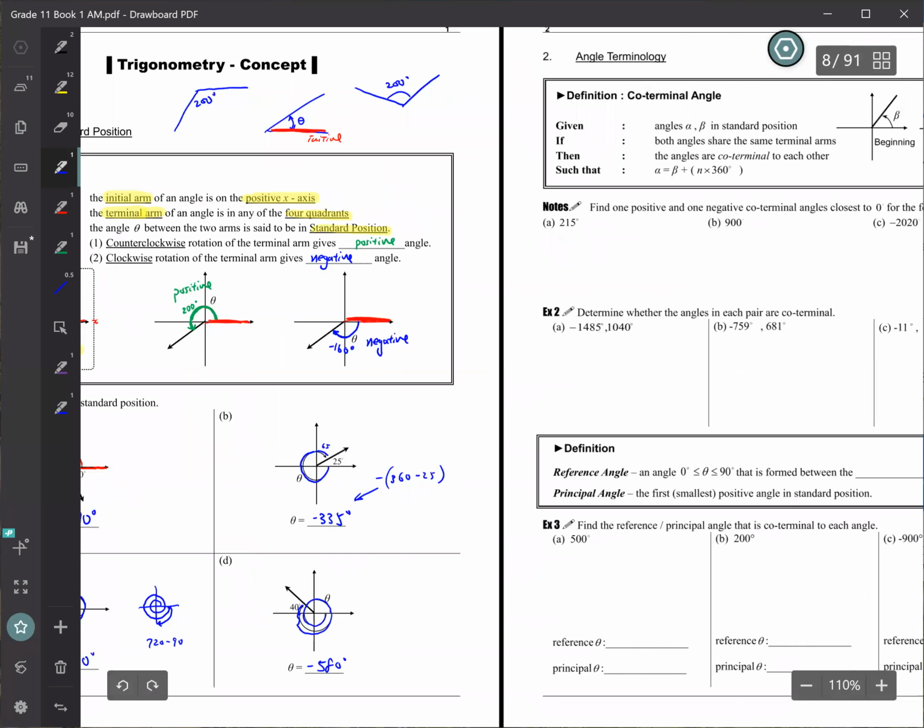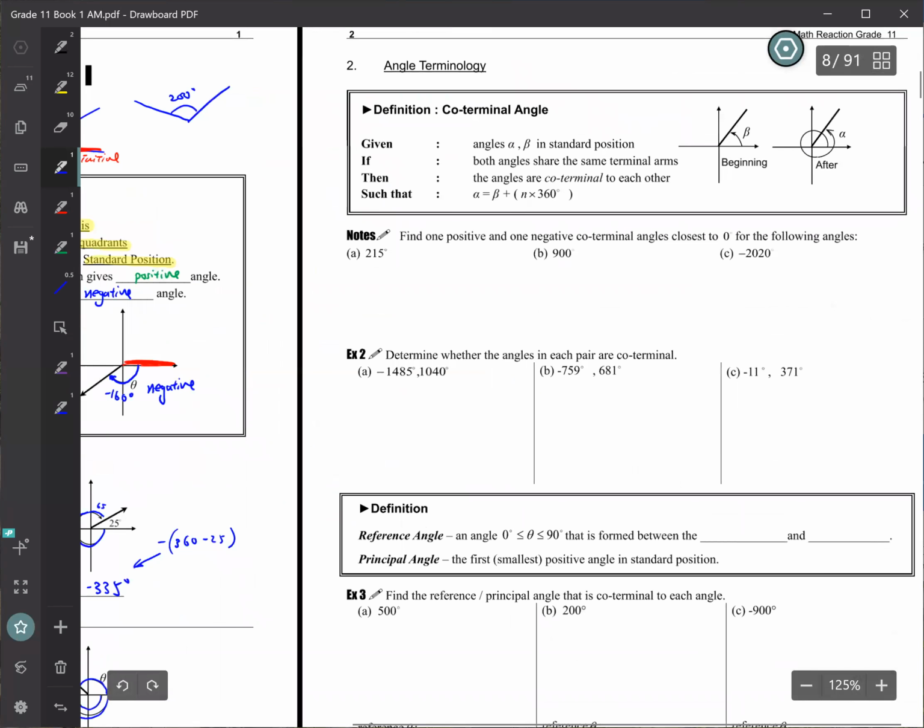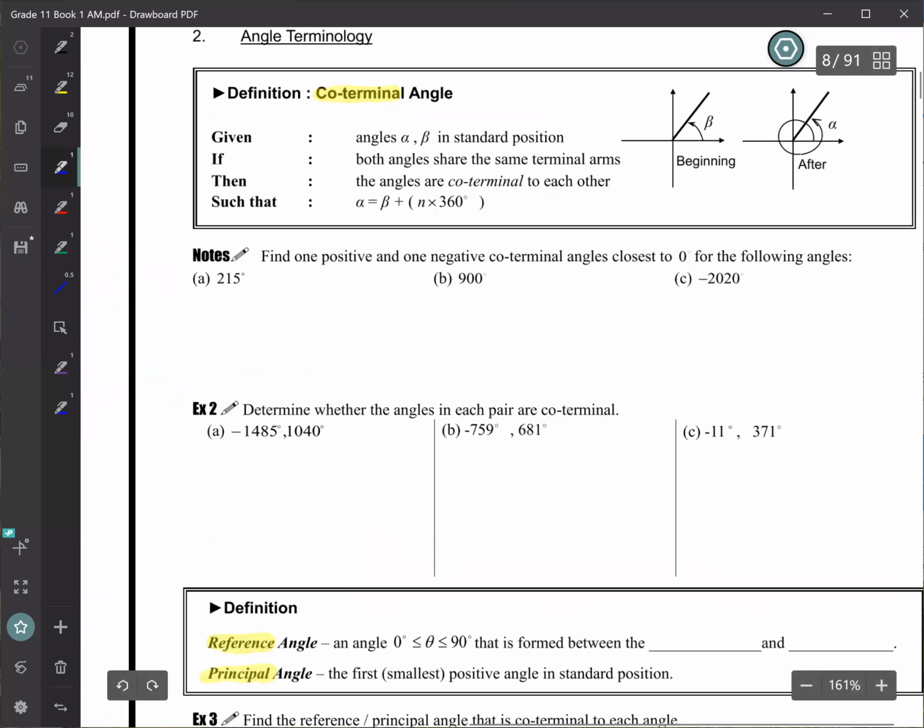Okay, next part is terminology. Terminology means the terms, right? Some of the names of the angles. So the first name we're going to go over is called the coterminal angle, okay? And then we'll be talking about the reference angle at the bottom and the principal angle. So coterminal angle means if I give you two angles, co means share, right?